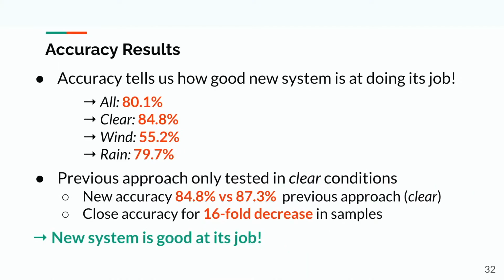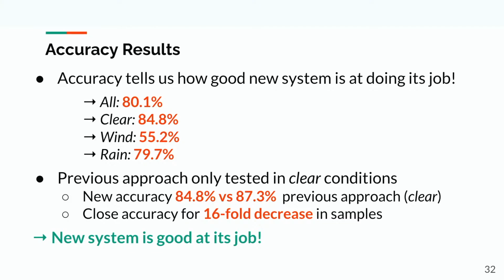So first we have a look at the accuracy results. Simply put, this says, how good is our new system at doing its job? And it's pretty good at doing its job. In all weather conditions, it gets 80% of the predictions correct. As expected, it does better in clear conditions and not quite as well in adverse weather conditions.